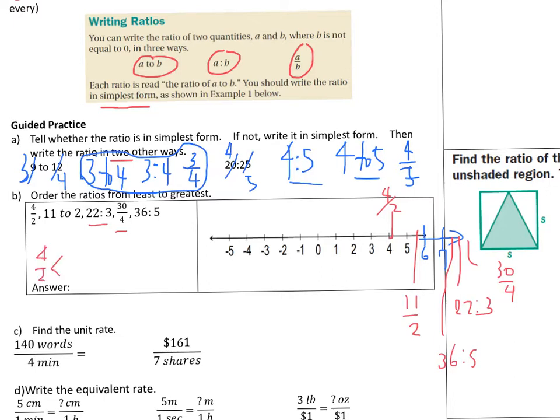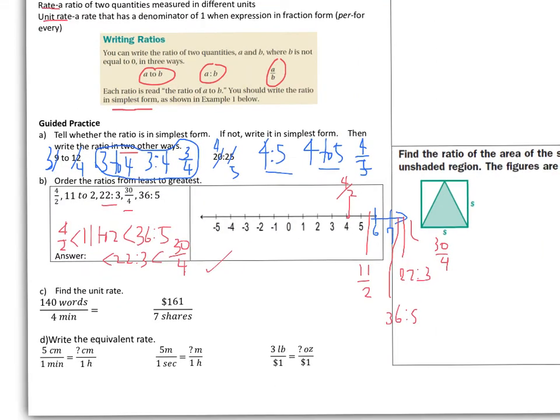And I'm going to write my answers in all ratio form, because that's what we're focusing on for this lesson. Okay, and 36 to 5, and what else? 22 to 3, and 30 over 4.